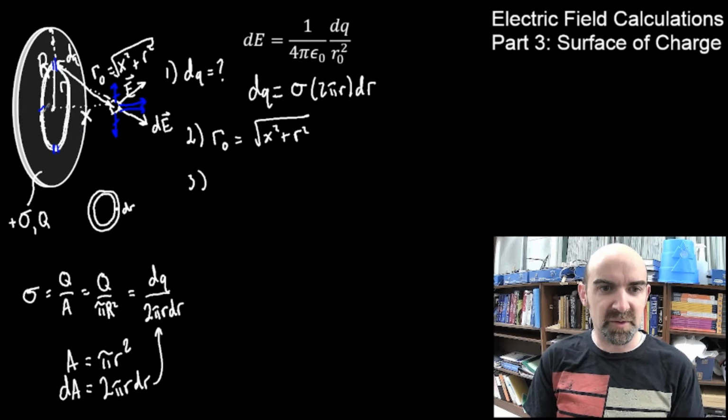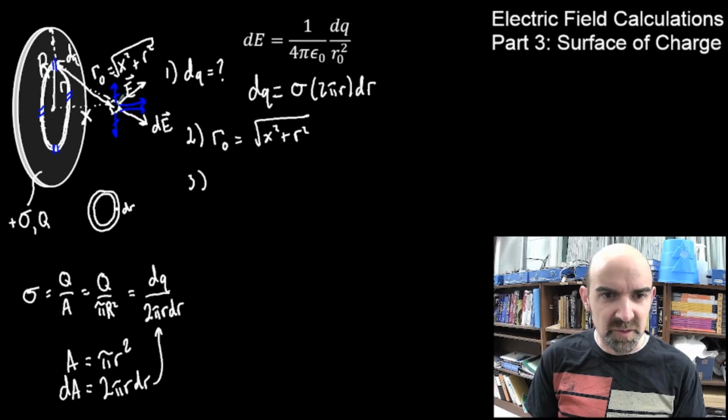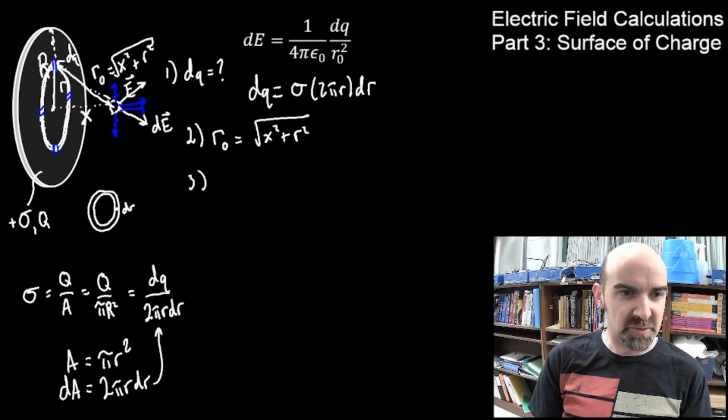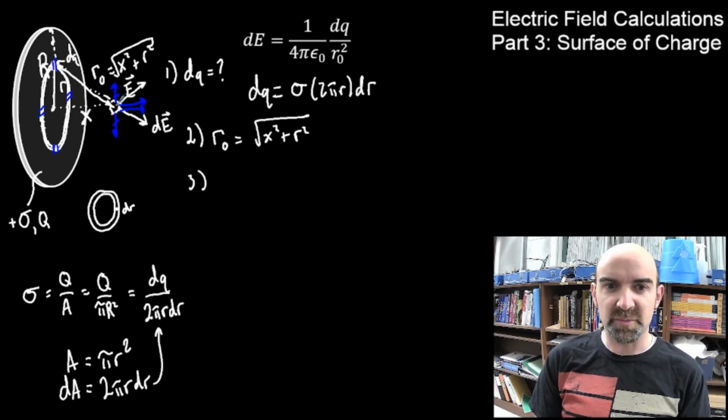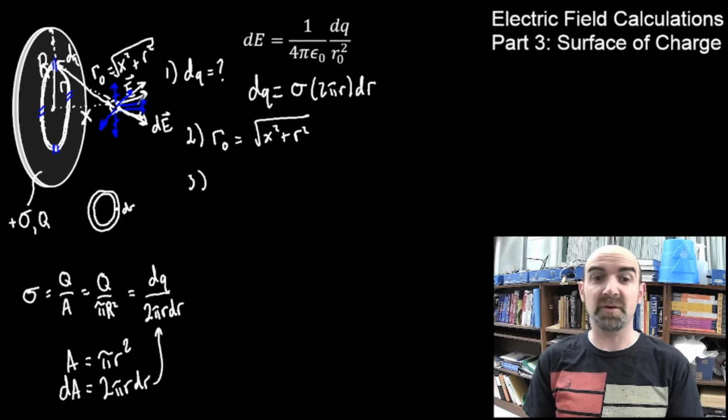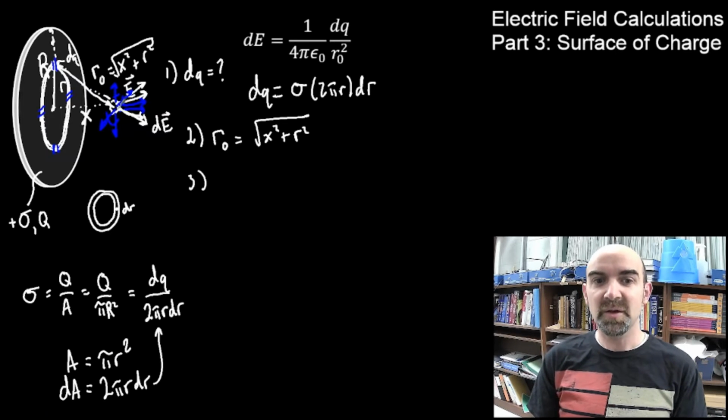Well, what about a little piece of this ring over here versus a little piece over here? Those electric field contributions dE will be coming in sort of like this. There's one going into the screen there, and this one's coming to the right and out of the screen. They're going to have some z direction components that crisscross and cancel, but in addition, they'll also have x components as well.